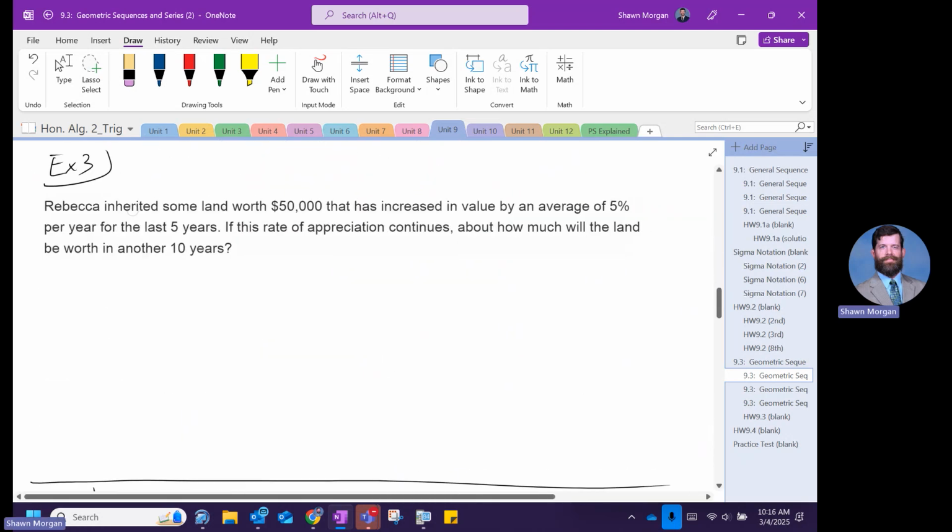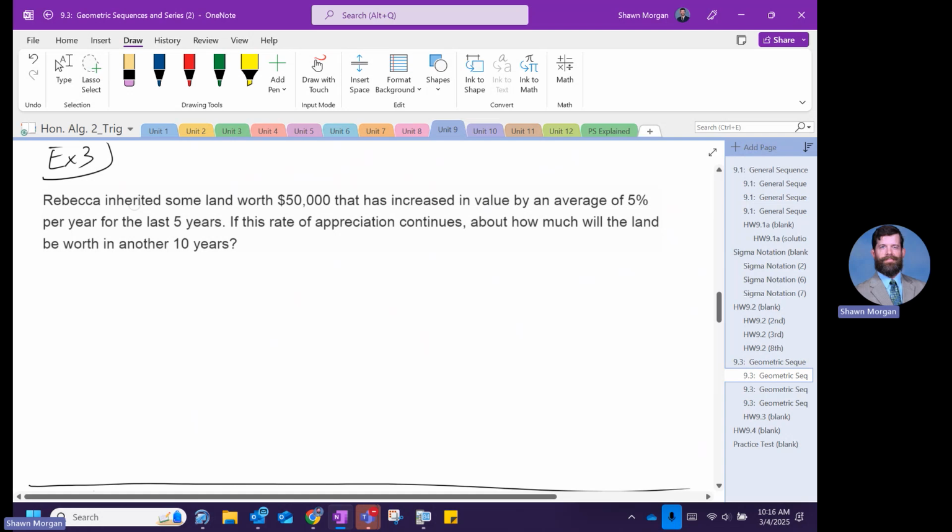All right, and then now we can see we got a little word problem. Rebecca inherited some land. It's going to increase 5% per year, or at least it has for the last 5 years. And it says if this appreciation rate continues, how much will the land be worth in 10 years? Now think about the context of where we're at right here.